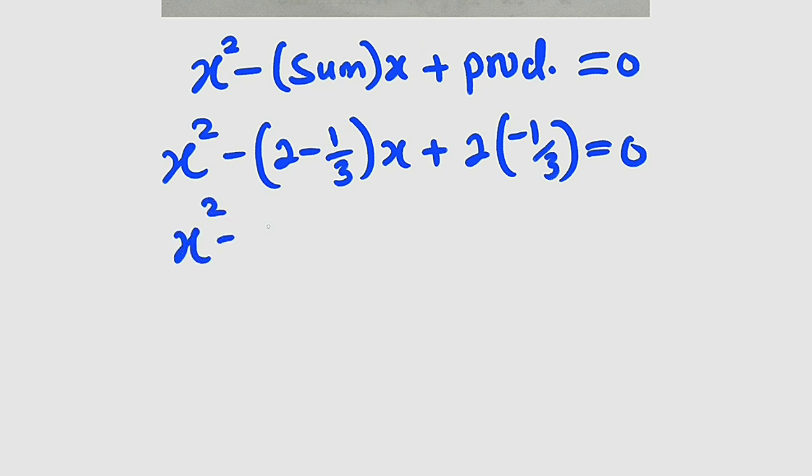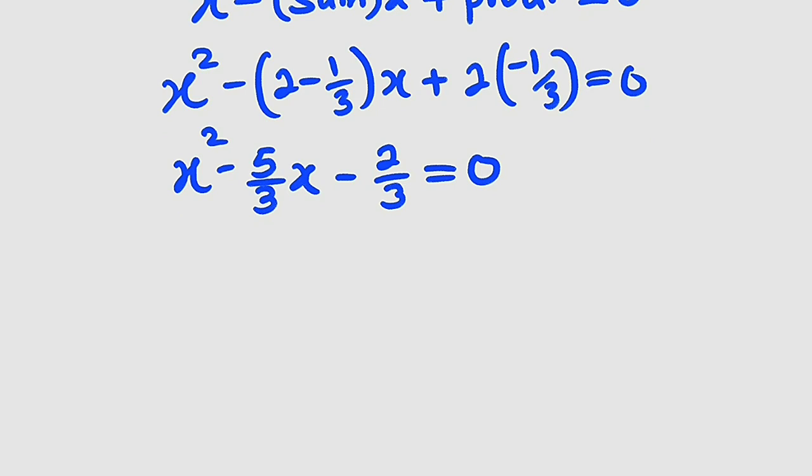So x squared minus 5 over 3 times x. Then if you multiply this together, you're going to get negative 2 over 3, which will overpower the plus sign. We have minus 2 over 3. This is equal to 0.